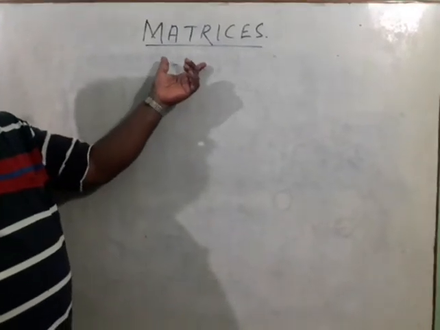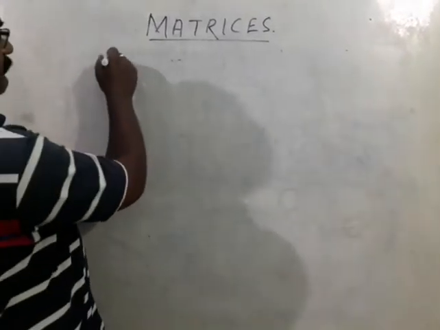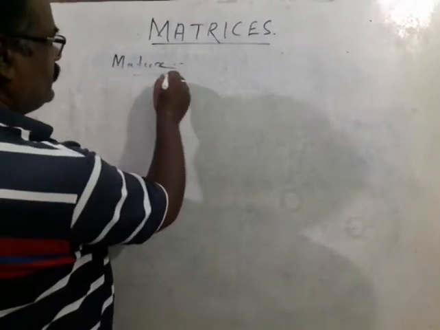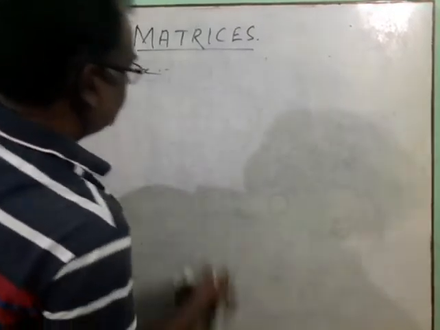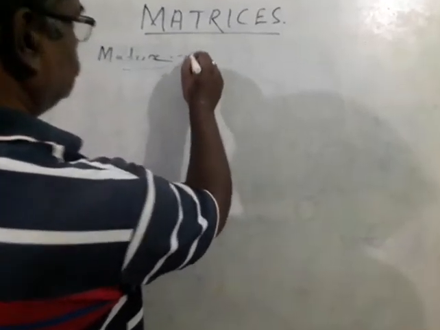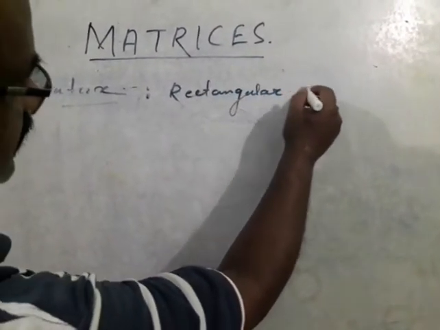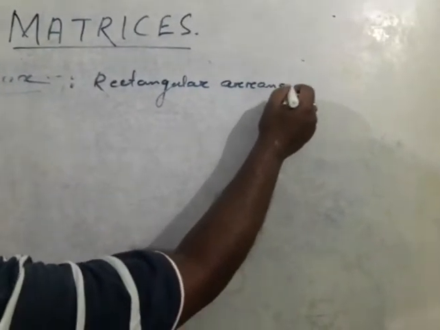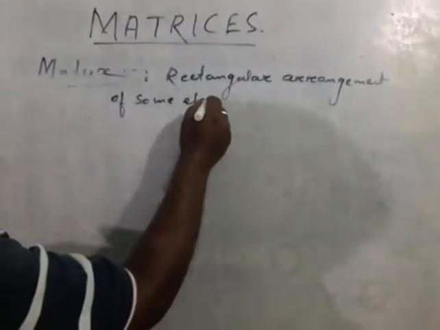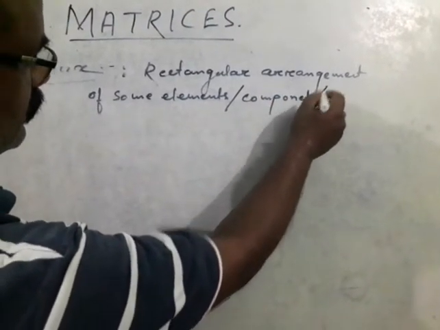Today we start a new topic in mathematics, that is matrices. A matrix means a rectangular arrangement of some elements or components or entities.